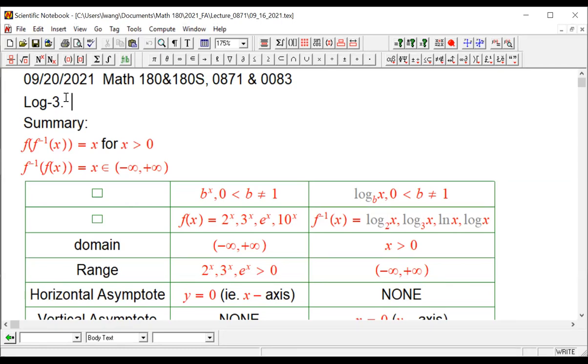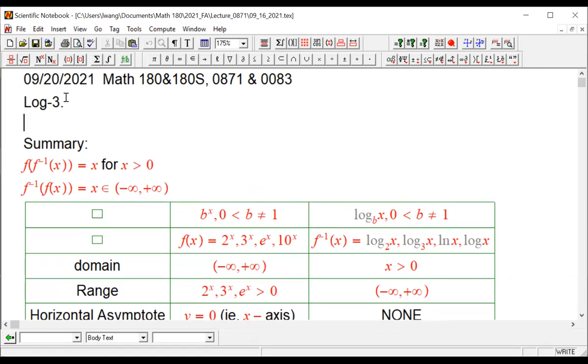I don't know which page, if someone could find it, because I'm using this old version of log 3. Some of these expressions in log 3 you're going to use in calculus.